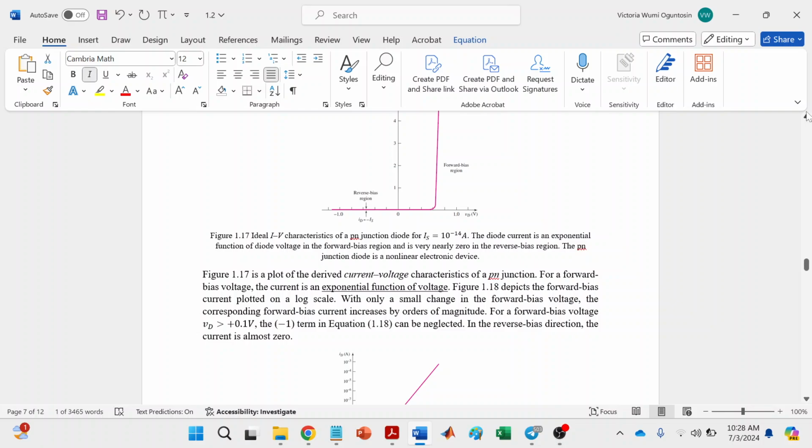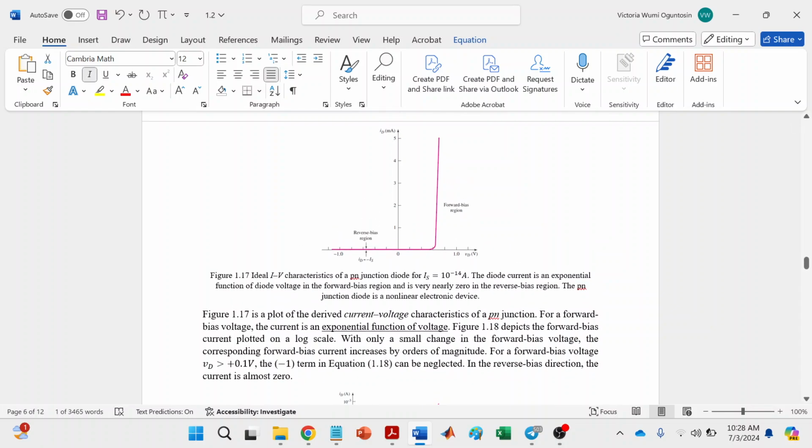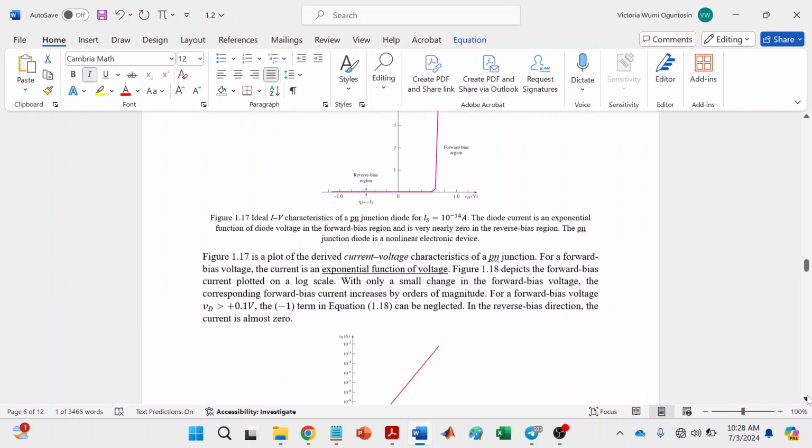So this plot is the IV characteristics of a diode. When a forward bias voltage is applied, the current is an exponential function of the voltage. In reverse bias, you have essentially zero current.